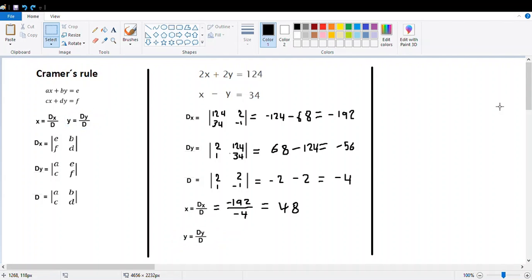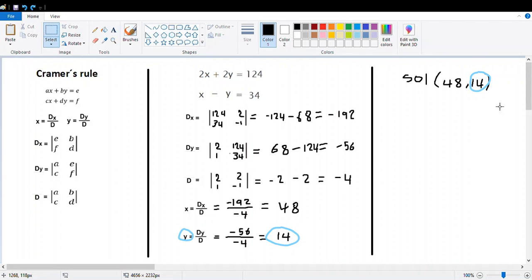Let's replace one more time. Dy, of course, is -56 divided by d, in this case -4. That division, of course, is +14. Then we can conclude that the solution for this system is the ordered pair 48 and 14.